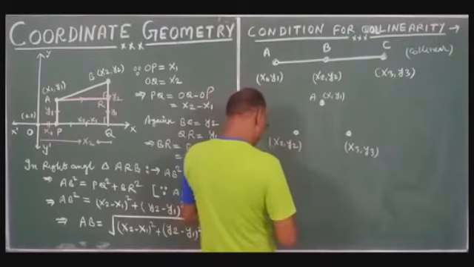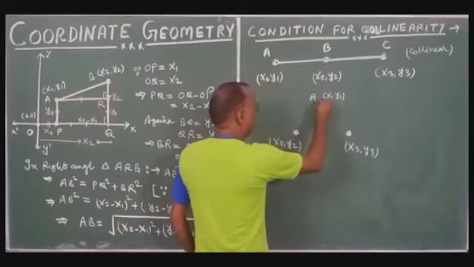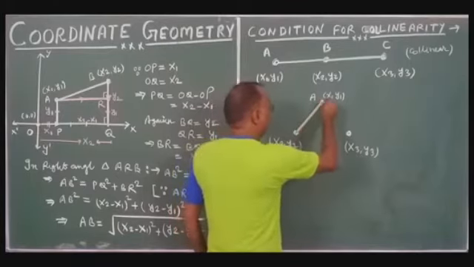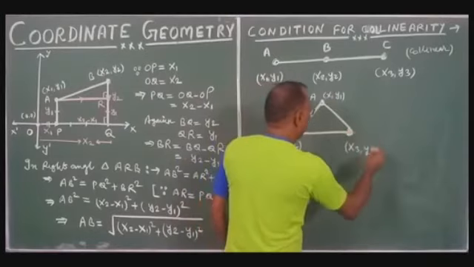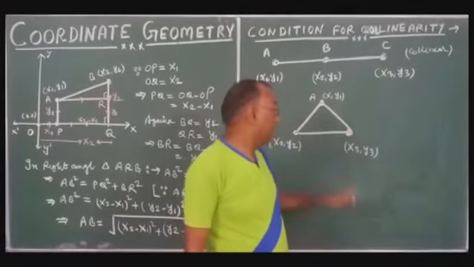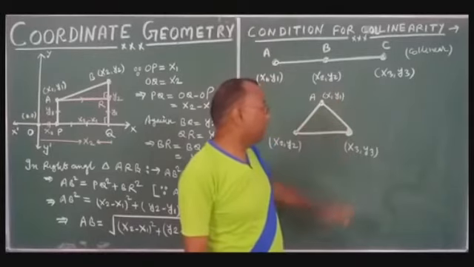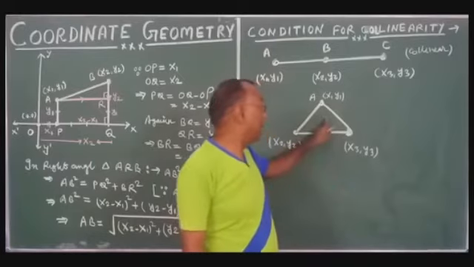Okay? So if we join them, we get a triangle. If the points are not collinear, then if we join them, we get a triangle.